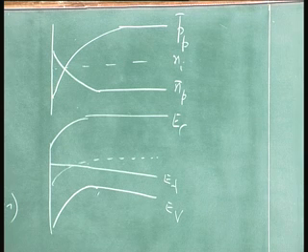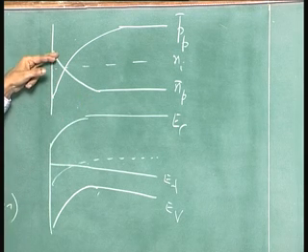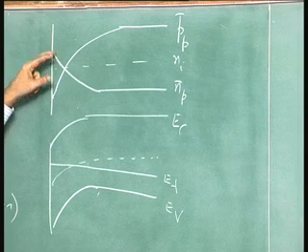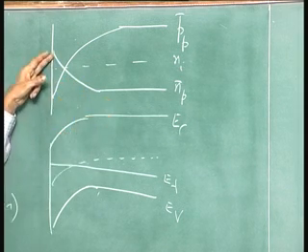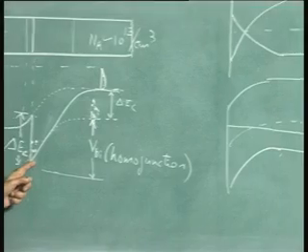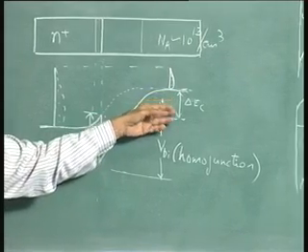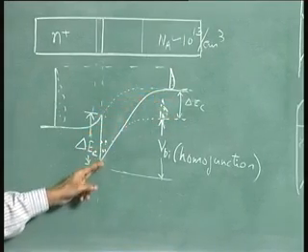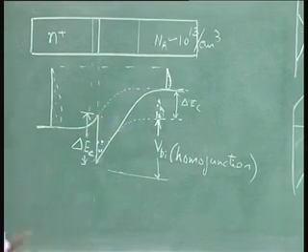Exactly the same thing happens here. How much the concentration is increased here depends upon how much is the potential drop between these two. Np bar times e to the power of phi s by Vt is equal to the concentration here. In the same way, electron concentration here will be equal to whatever minority carrier concentration is present here multiplied by e to the power of phi s by Vt. The more the bending, the more is the electron concentration.